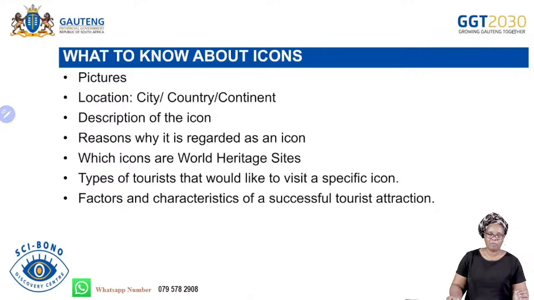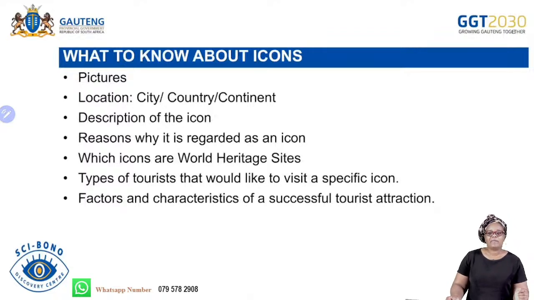Remember last time we talked about attractions and icons. And we said that all icons are attractions, but now they've been identified because of their unique characteristics. So you need to know why they've been regarded as that.